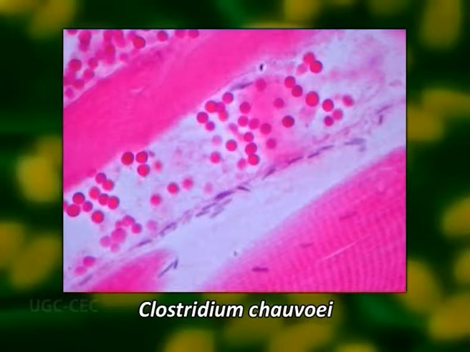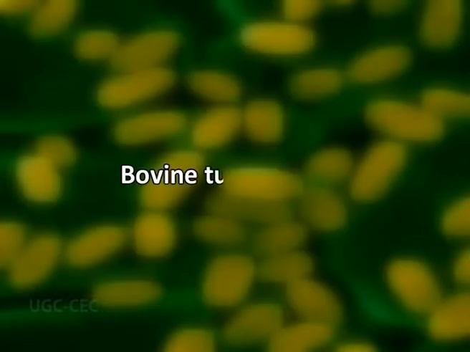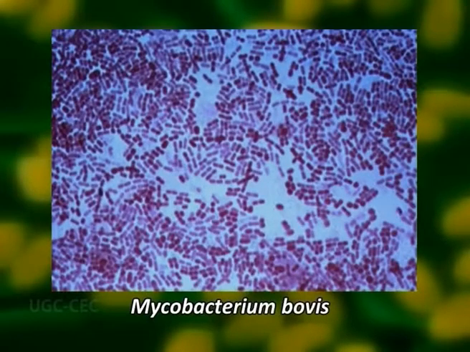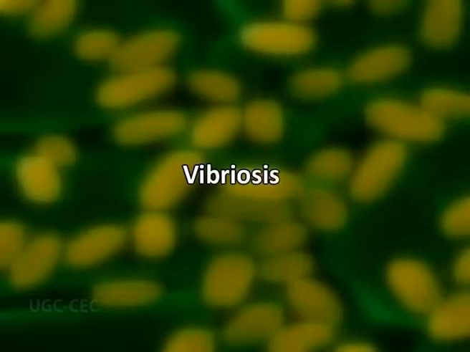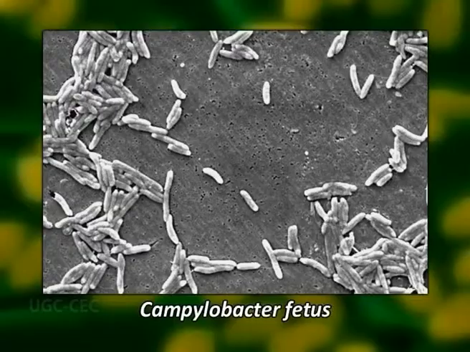Black leg disease of sheep and cattle is caused by Clostridium chauvoei. Bovine tuberculosis is caused by Mycobacterium bovis, while vibriosis, which is a genital tract disease in cattle, is caused by Campylobacter fetus. There are many more diseases which are caused by bacteria in a wide range of animals.